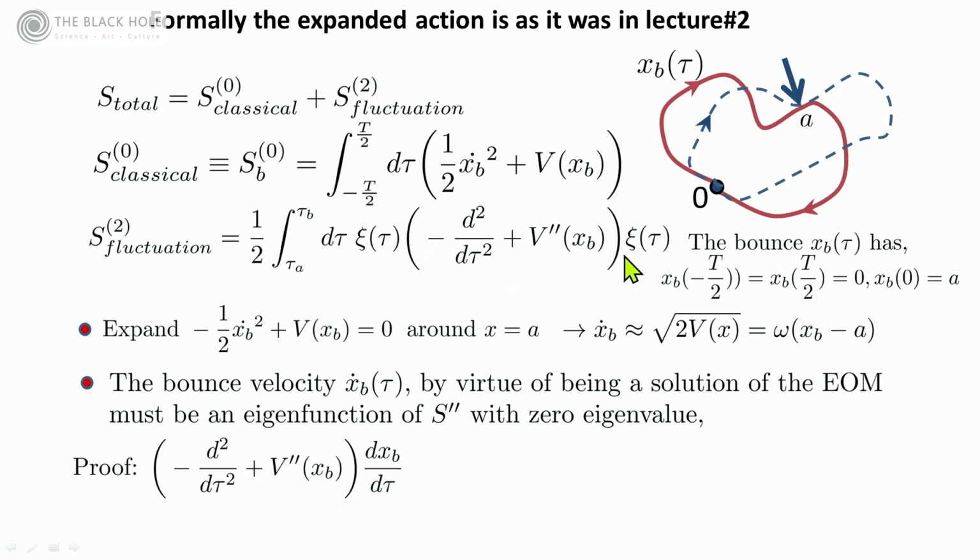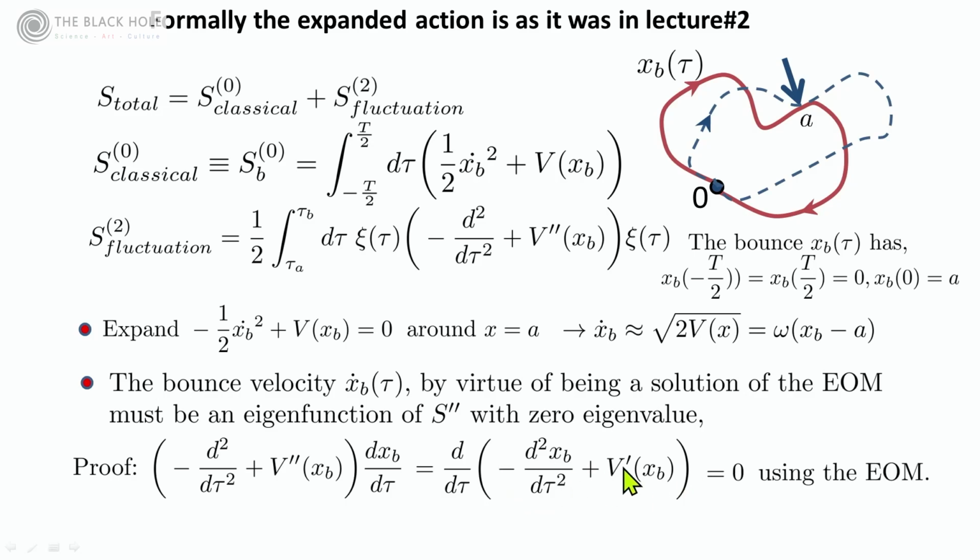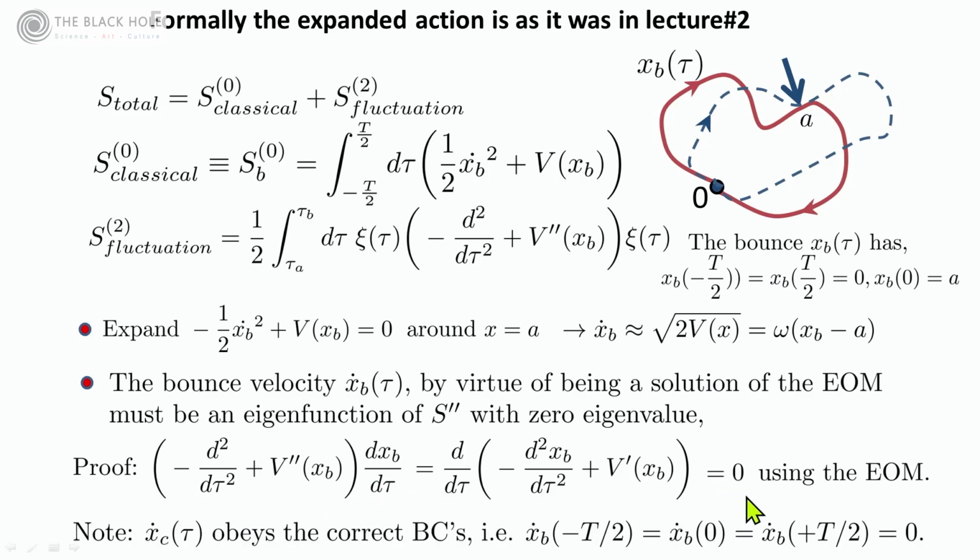So anyway, this is pretty easy. If I take this operator and apply it on dxb by d tau, then because d by d tau commutes with d2 by d tau squared, you get d by d tau of this, and the equation of motion says that this is equal to 0. Hence, dxb by d tau is an eigenfunction of this operator with 0 eigenvalue. And of course, this obeys the correct boundary conditions, which you've now seen many times over.